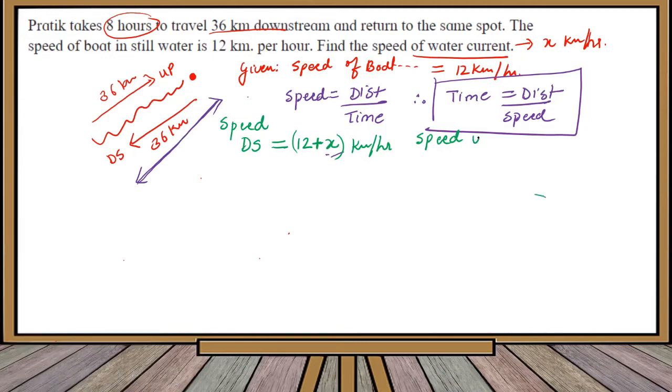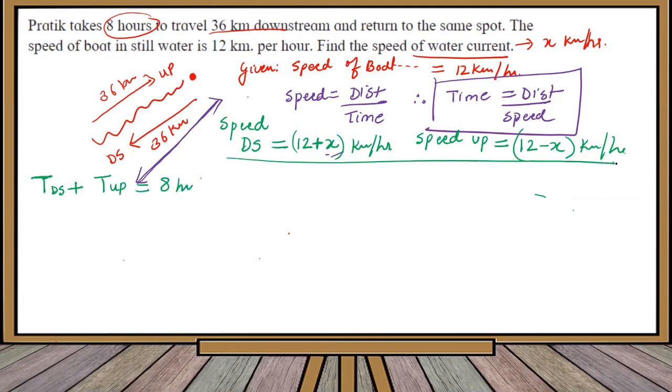Speed in upstream, we need to subtract, so it will be 12 minus x kilometers per hour. Now the time taken to go down plus the time taken to go up is equal to 8 hours.